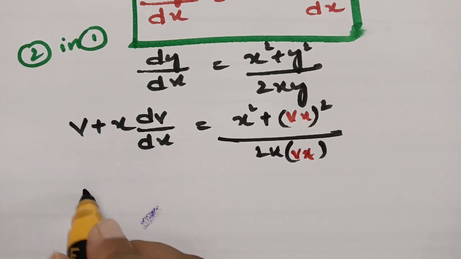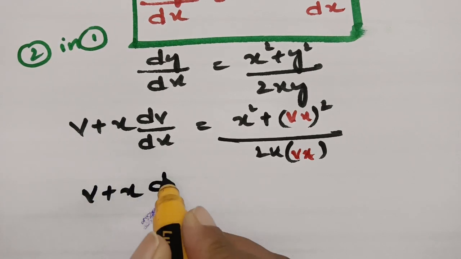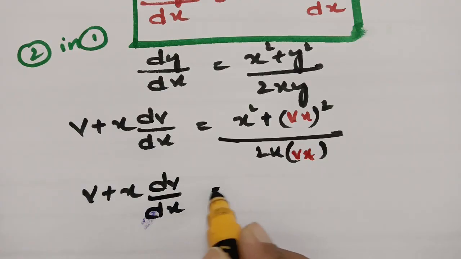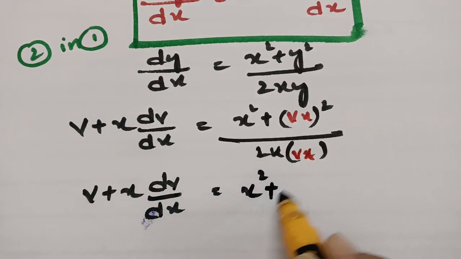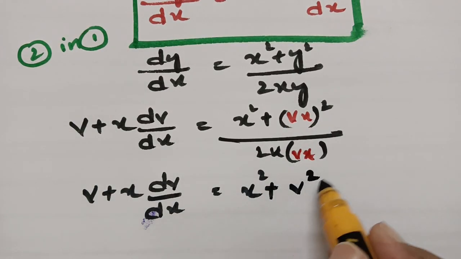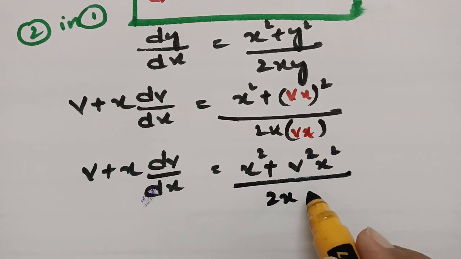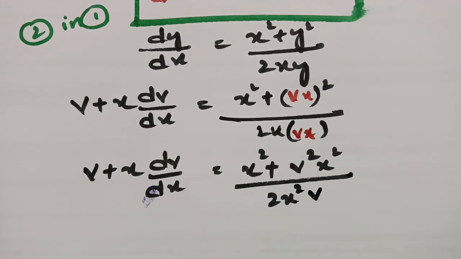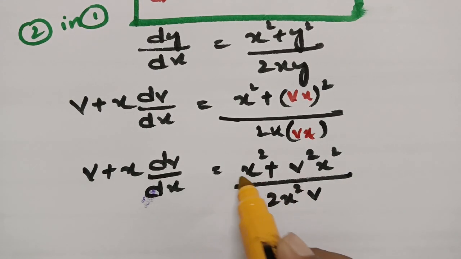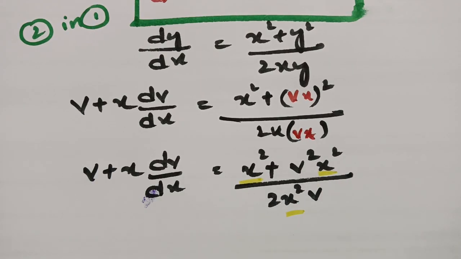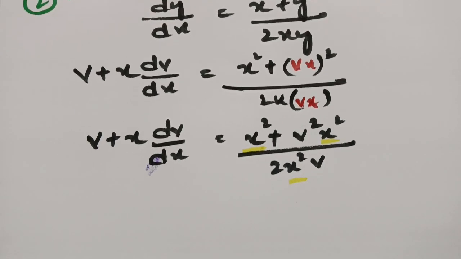So this will be v plus x into dv by dx is equal to x square, and if I square, this will be v square into x square divided by 2x square into v. If you can observe, there is x square here, there is x square here, and x square here. I'll take x square common and cancel.